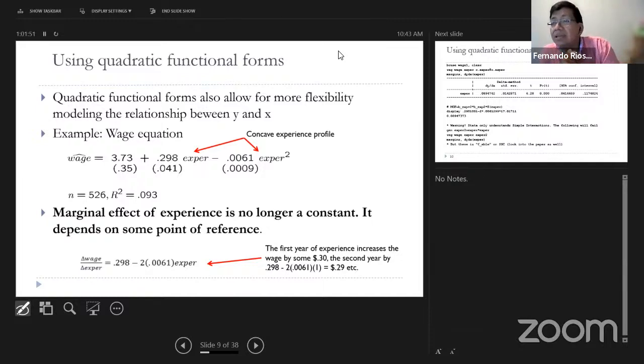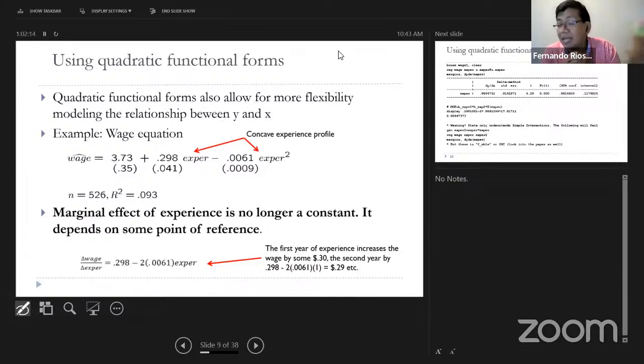Okay, and we're back. So the next thing that we're going to talk about, something we have touched on a little bit in the past, is the use of quadratic functional forms. Why do we care about introducing quadratic functional forms?